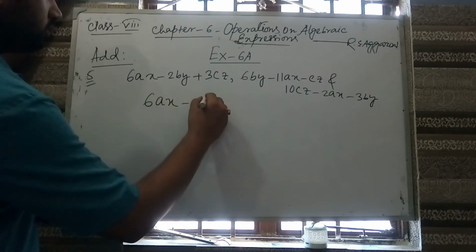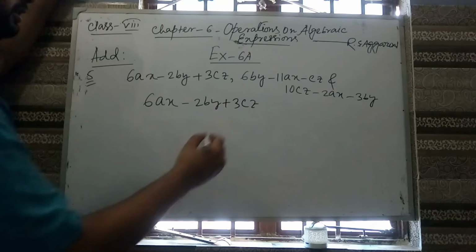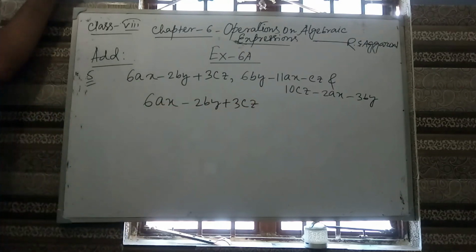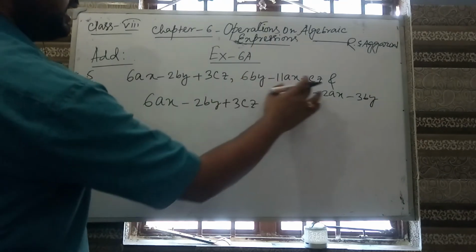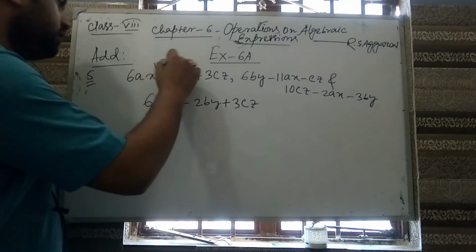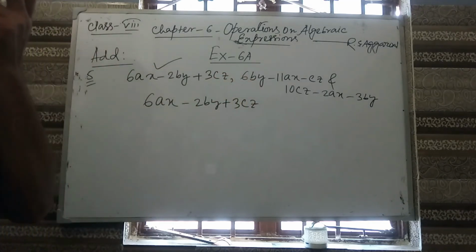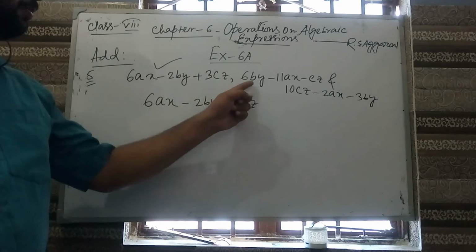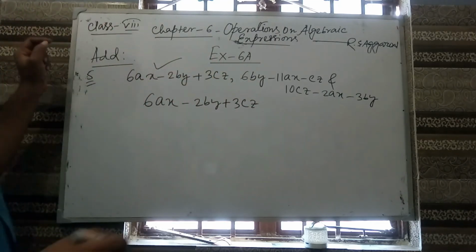Write down the first expression, 6AX minus 2BY plus 3CZ. Now look at the second expression, and be very careful. 6BY: what is the sign of BY?